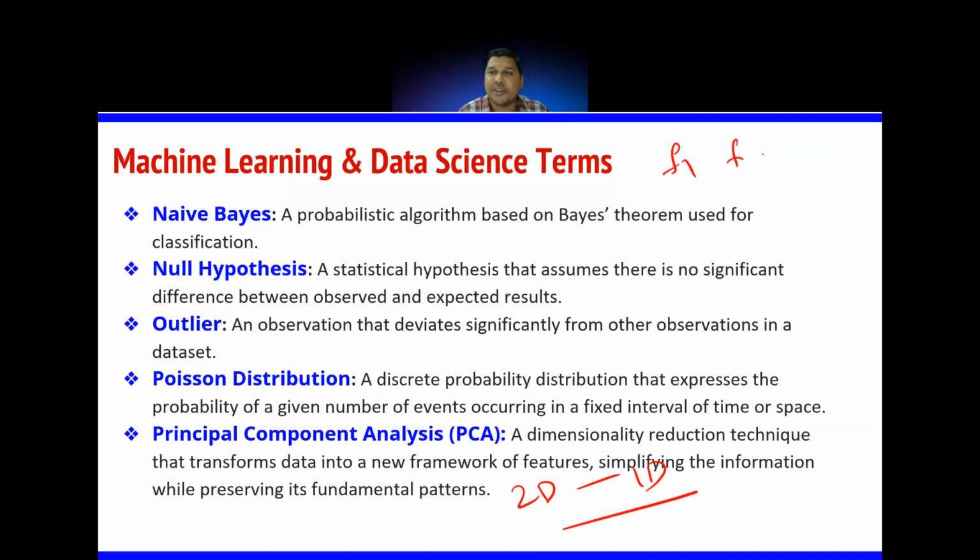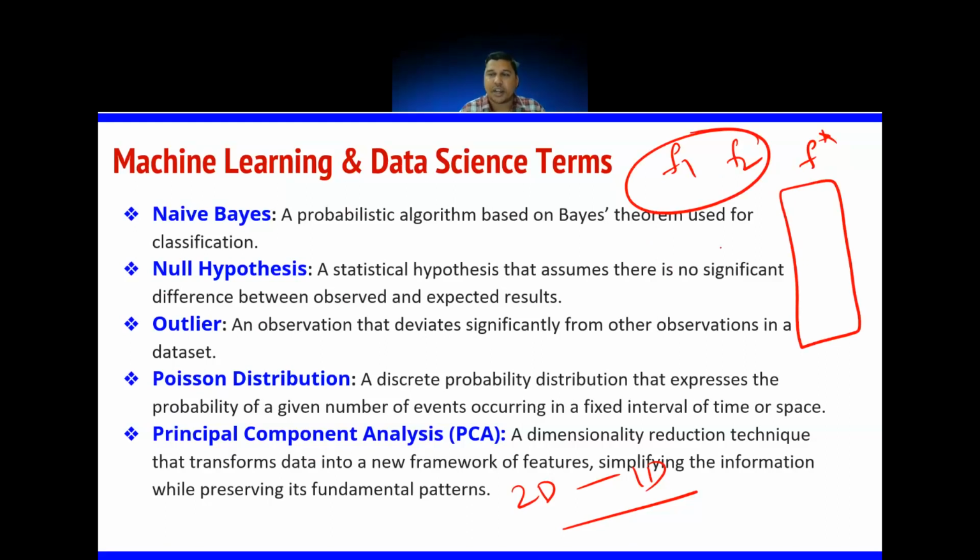If you have F1 and F2 as two features, you try to form a new feature F star, formed by combining these two features. The values in F star are formed using principal component analysis, kind of clubbing or compressing two features into a single feature. The main important learning is that these features are not lost.